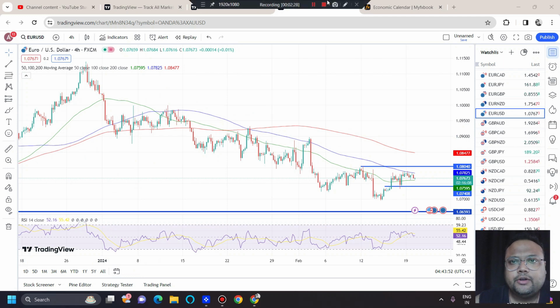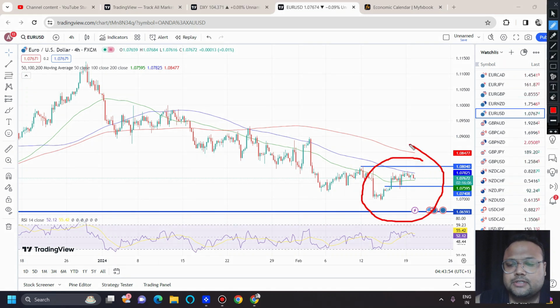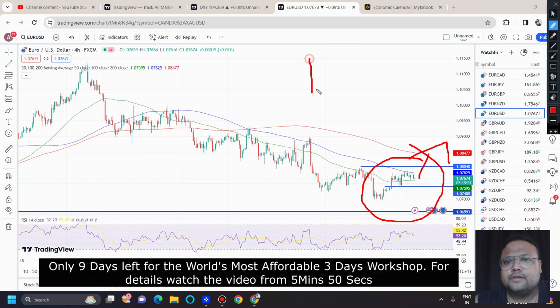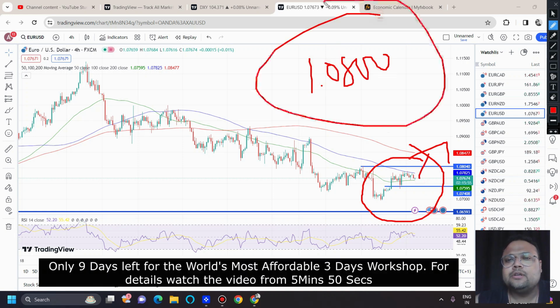So after this downturn, Euro USD is waiting for some sort of relief, and without any fundamental factor, the relief may not come. After FOMC, okay, if Euro USD breaks 1.0800, we can say that finally the market has got the move it has been waiting for, and yes, we may get to see a trend reversal.